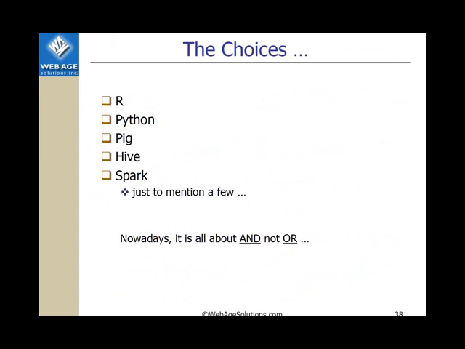Hive is SQL, Pig is kind of a T-SQL type language, PL/SQL. Python is not difficult to learn. It's one of the simplest languages probably. R is a little bit of a different animal, and Spark supports Python, Java, Scala, and R.